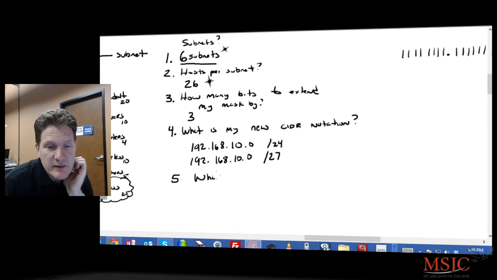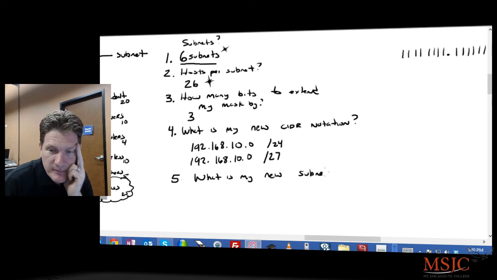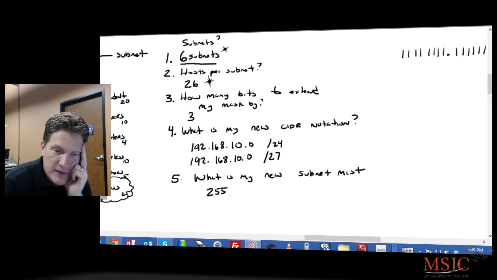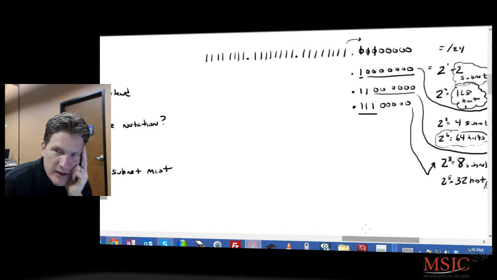What is my new subnet mask? Well, the first 3 octets are easy, right? 255.255.255. I've got 3 1s and 5 zeros, right? Well, it's pretty easy to figure out.